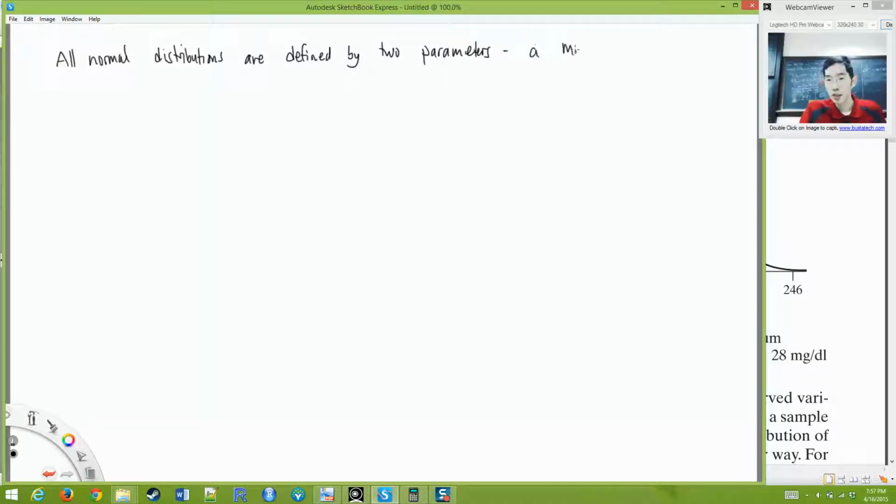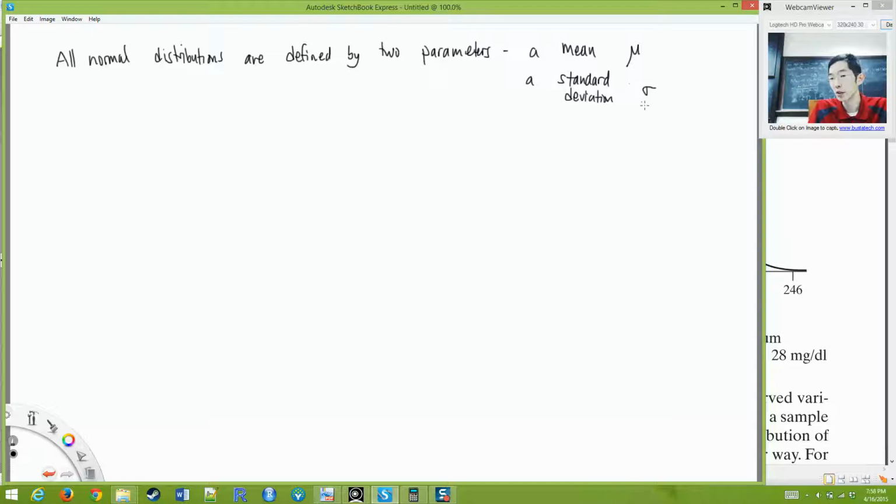A mean, and the symbol for the mean is mu. Looks like a U with a tail in the front, and a standard deviation. And the symbol we use for that is sigma.